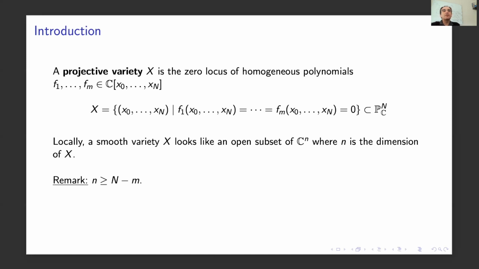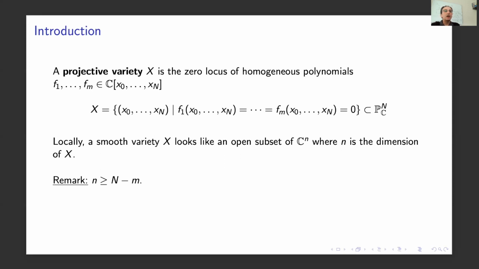So a very first remark about this number, which will appear everywhere in these lectures. The dimension is that if we think of our variety defined by homogeneous polynomials, then the dimension is always at least the dimension of the projective space where we're considering our variety, minus the number of polynomials which define the variety.